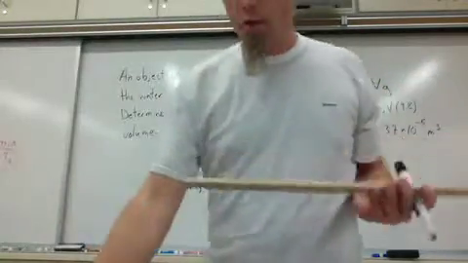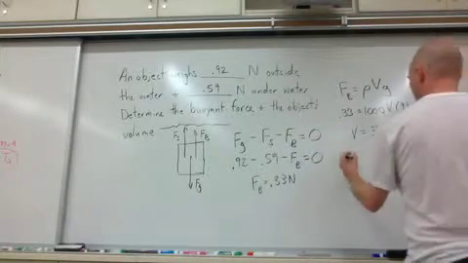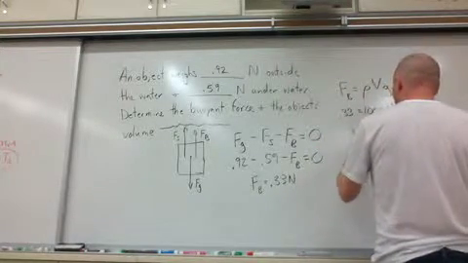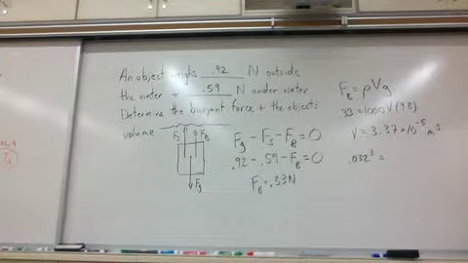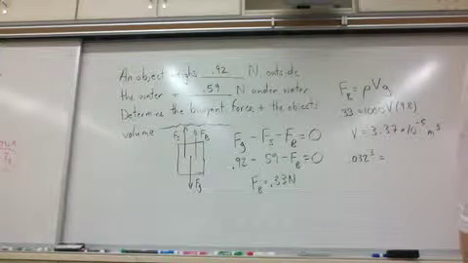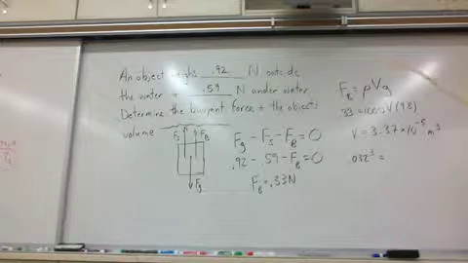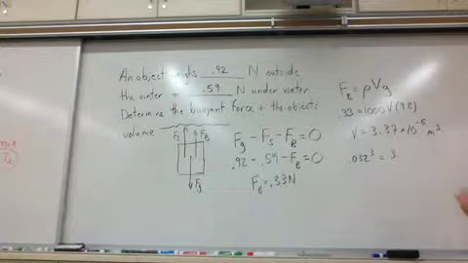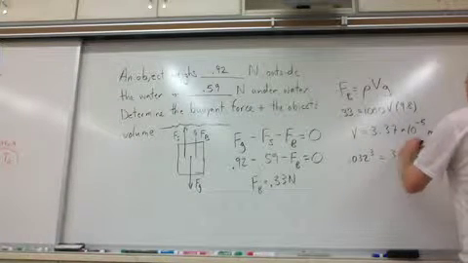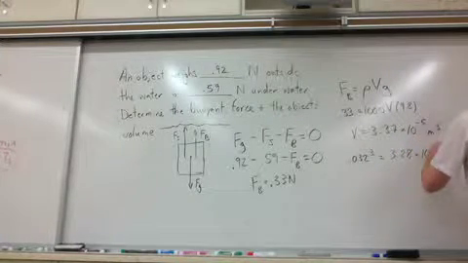So 0.032 cubed equals, not bad, 3.28 times 10 to the minus 5th meters cubed.